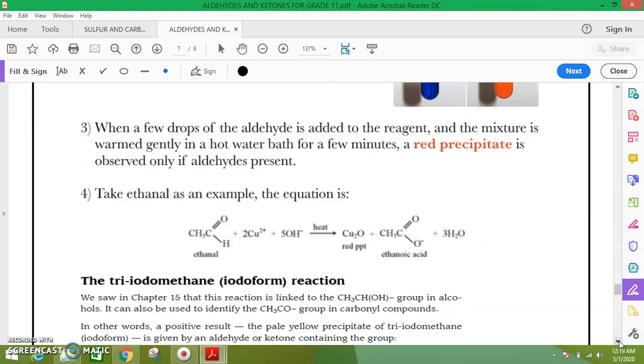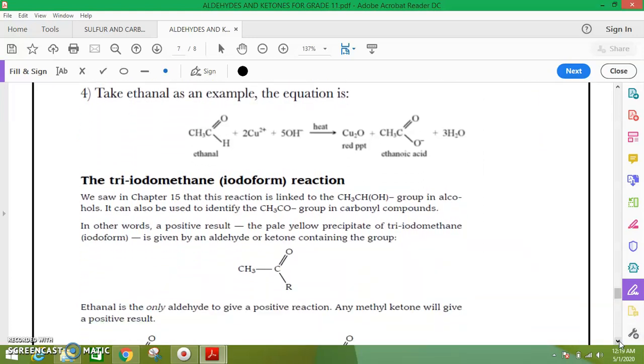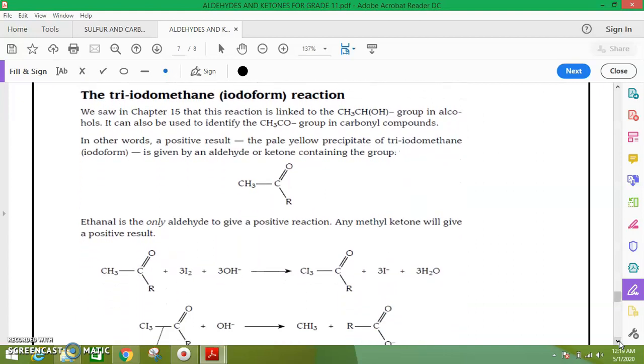The last and final test is the triiodomethane, or iodoform, reaction. We saw this reaction in alcohols. Again we are going to use this test with aldehydes as well as ketones and also secondary alcohols. You saw secondary alcohols before.